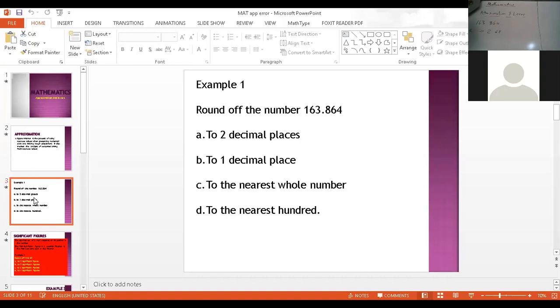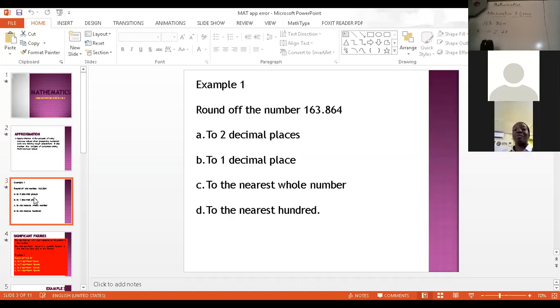It's what you've known in SS1 and JSS3. The numbers after the decimal point are 864, and to 2 decimal places will therefore be 163.86. The 4 here, we round it down, so there's no way we add it to 6.